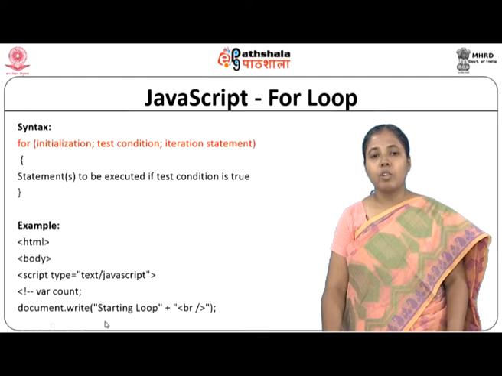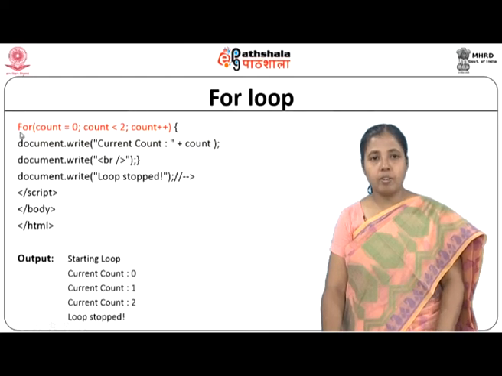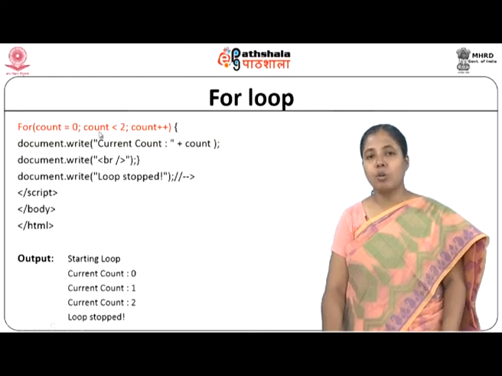Here a for loop works like this: a variable equal to 0, a variable less than 2 is the test condition, and this is the increment. So, it goes from 0 to 2 and then prints the count value.